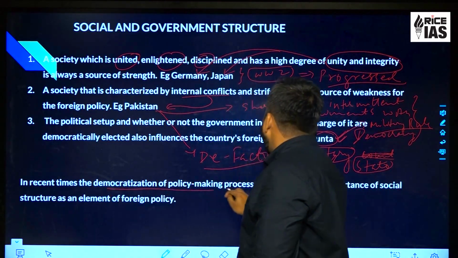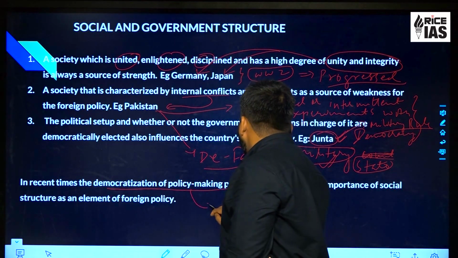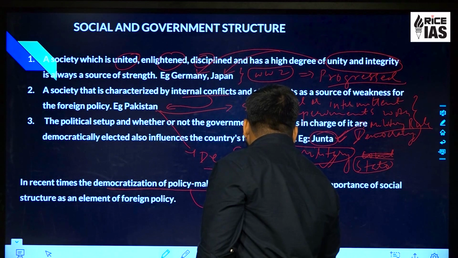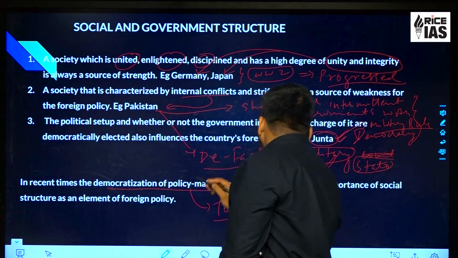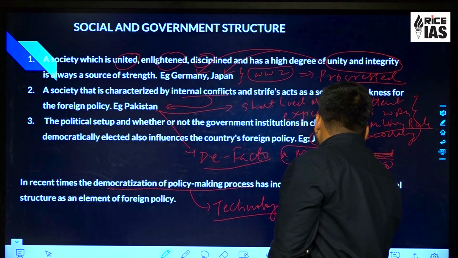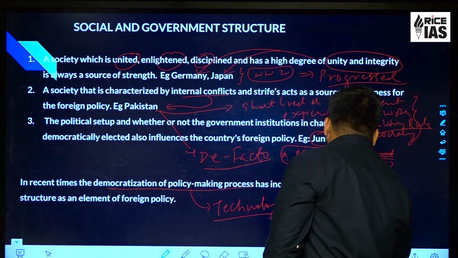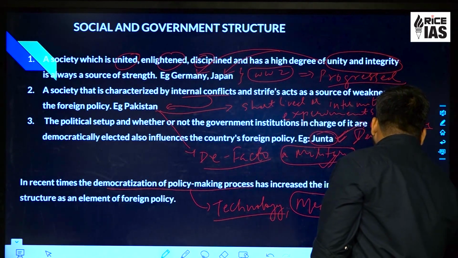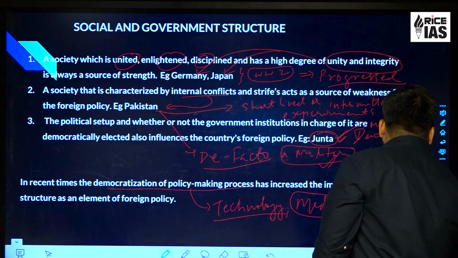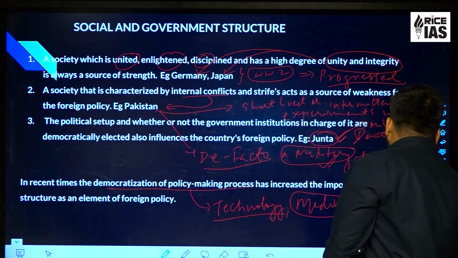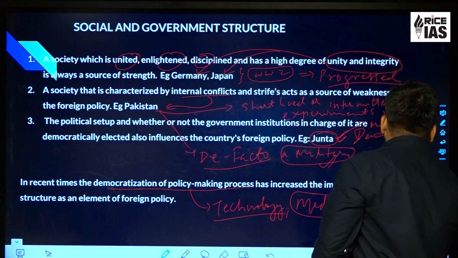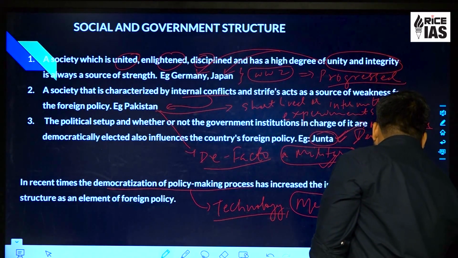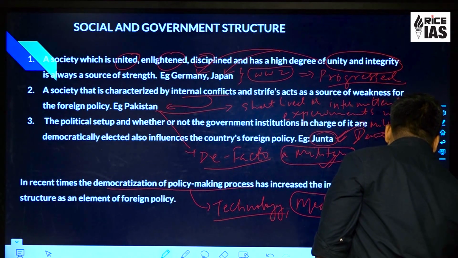Democratization of the policy making process. This has been led by technology and media: technological advancement, media, open society, openness, or sometimes also because of the fall of the USSR and the rise of the liberal world order.